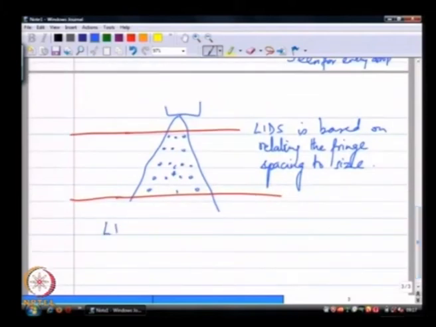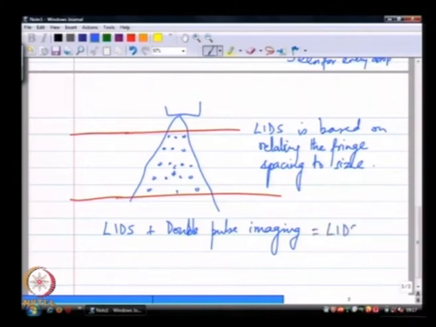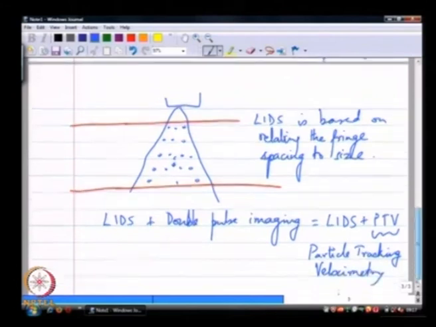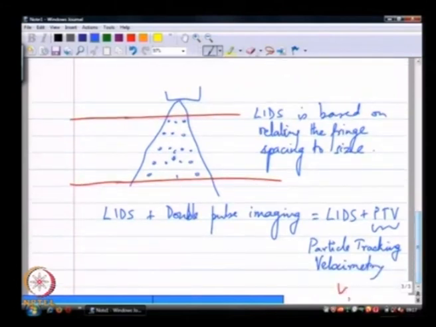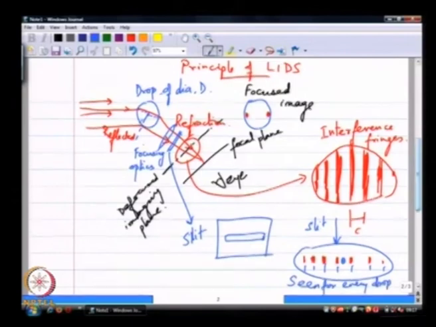Now, if I combine LIDS plus double pulse imaging, you can get LIDS plus particle tracking velocimetry, which allows us to measure the velocity of every particle in the spray.